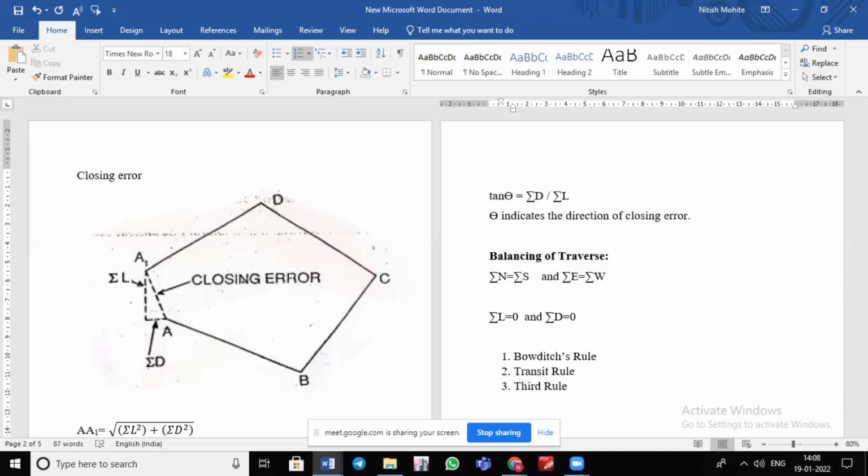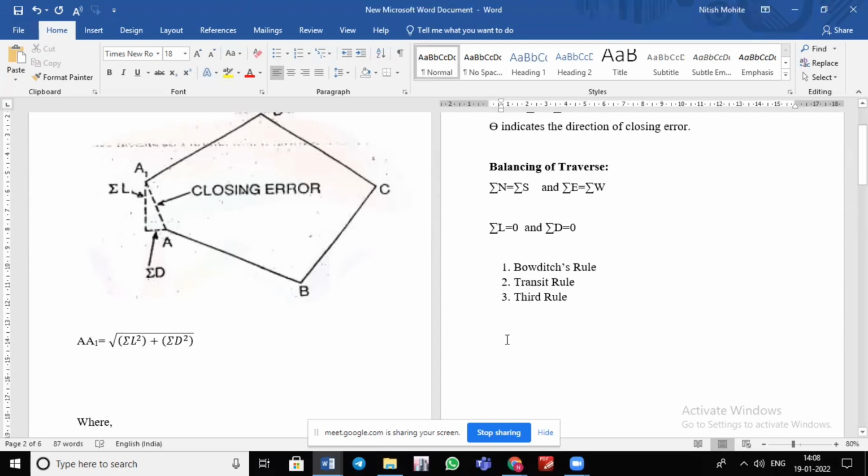These rules we are supposed to apply to calculate the correction for the respective traverse. We'll see one by one what the Bowditch rule is, then the transit rule, and the third rule. First one, Bowditch rule.